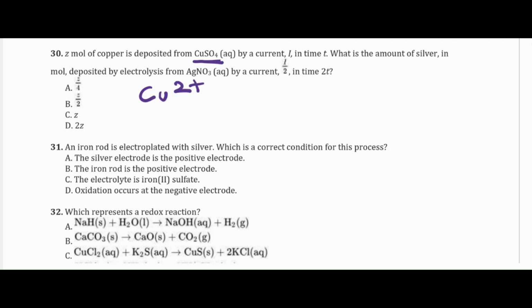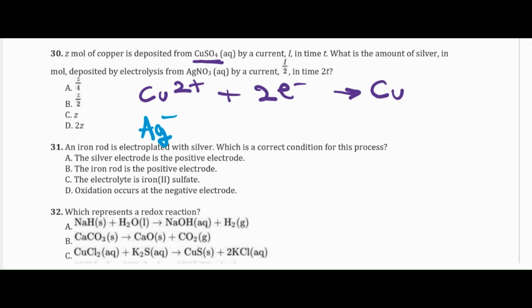So why is it a 2 plus copper ion? Well, I'm looking here. I'm seeing that there's a sulfate that's 2 minus from your list of polyatomic ions. So the copper must be 2 plus. We're going to then add 2 electrons, which will give us the copper atom. What about the silver?